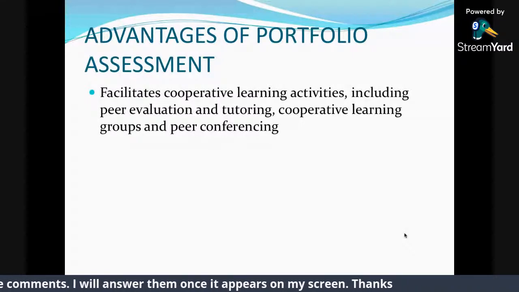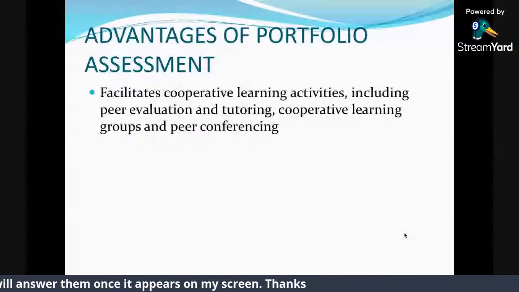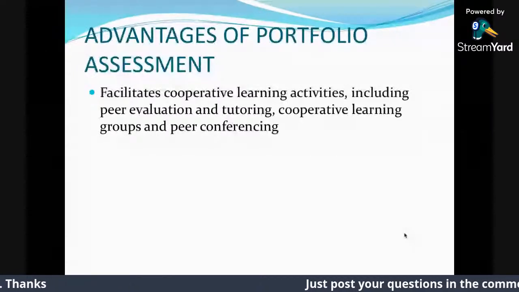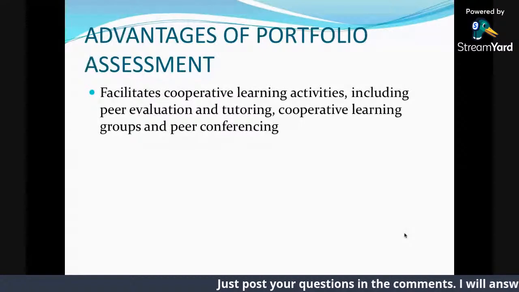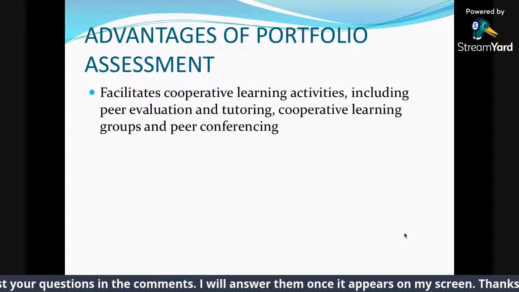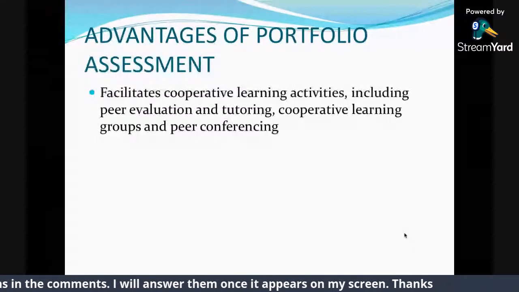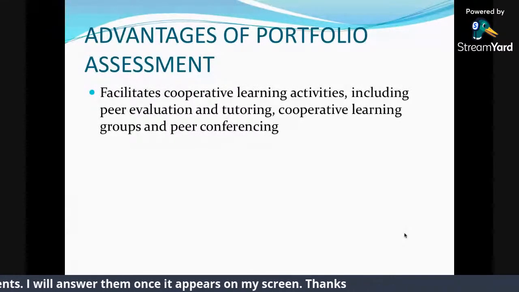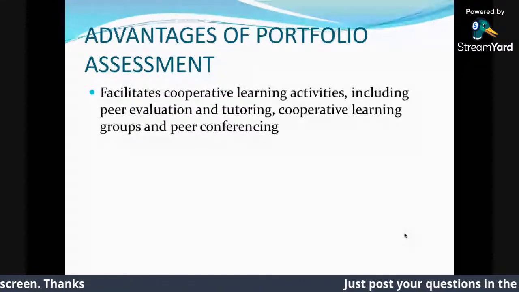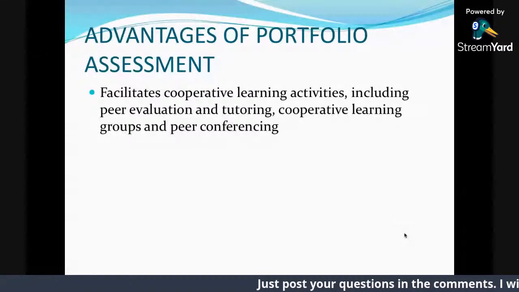You can ask your students to let the other students or their classmates evaluate yung kanilang work. Okay? So that's peer evaluation. And pwede silang magtanungan, magturuan, wag magkopyahan. Bawal yung kopyahan. Tutoring, like you're going to assist your classmate in accomplishing the portfolio. And you can also share ideas on how you are going to go about it.